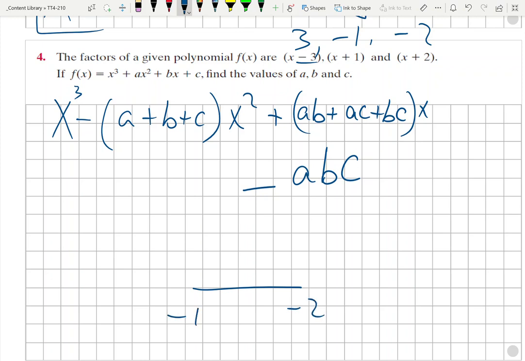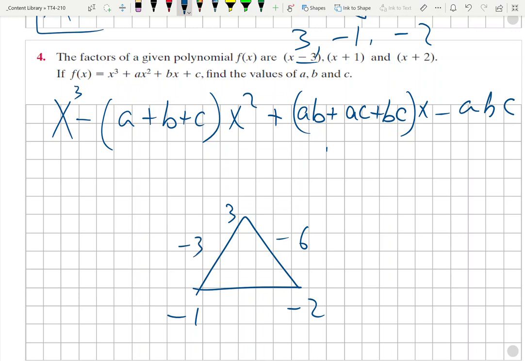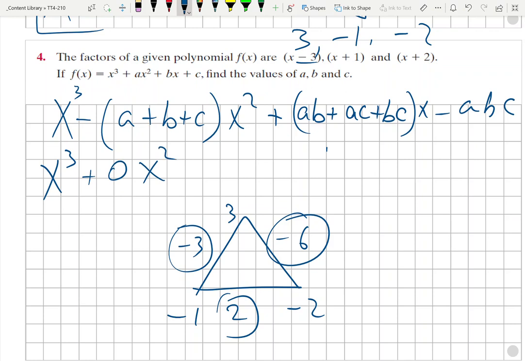And that's a cross product of 2. That's a cross product of 2. And that's a cross product of 2. So I can fill in the monic version of this anyway. Adding them all up was 0. Adding up the circled cross products is minus 7x.